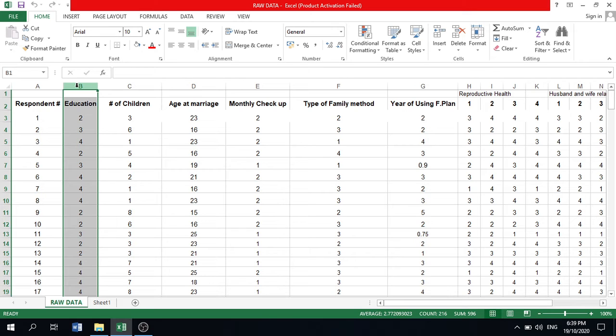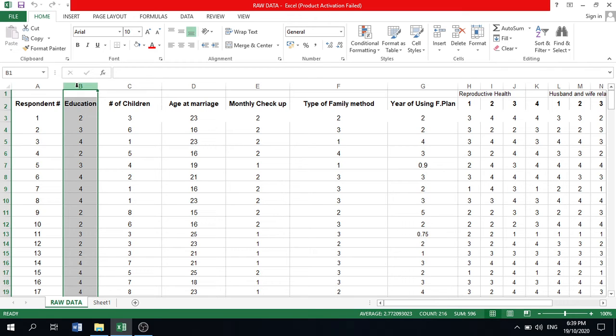So basically, connecting research and research statistics, when you ask questions, what is your education, the possible responses are elementary level, elementary graduate, high school level, high school graduate. It progresses. So we code them in a manner that is also progressive.